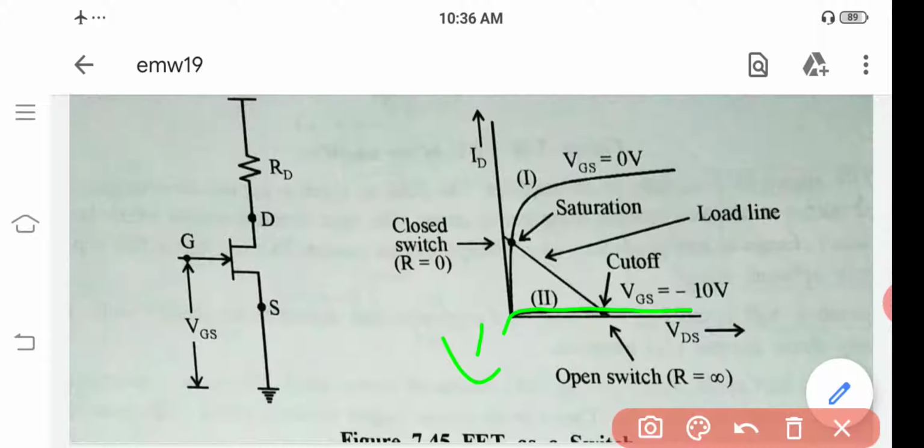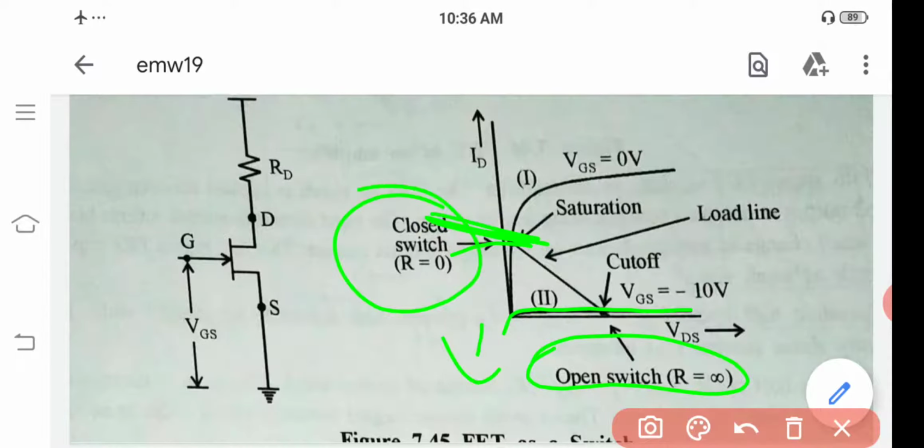In the cutoff region, the MOSFET works as an open switch, and in this region it works as a closed switch, in the saturation region.